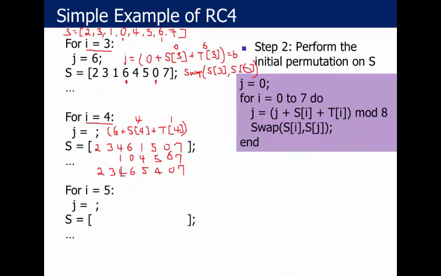Which is 11, right? So 11 mod 8. Then what is the remainder? 9, 10, 11. 3? Yes or no? 3. J equals 3. So we need to swap.